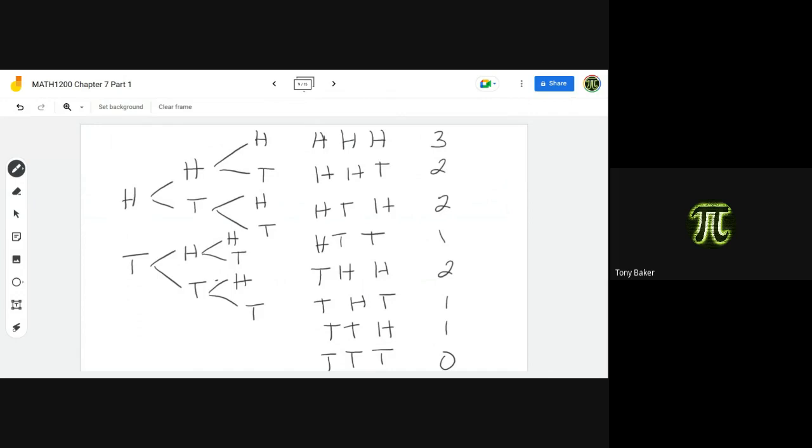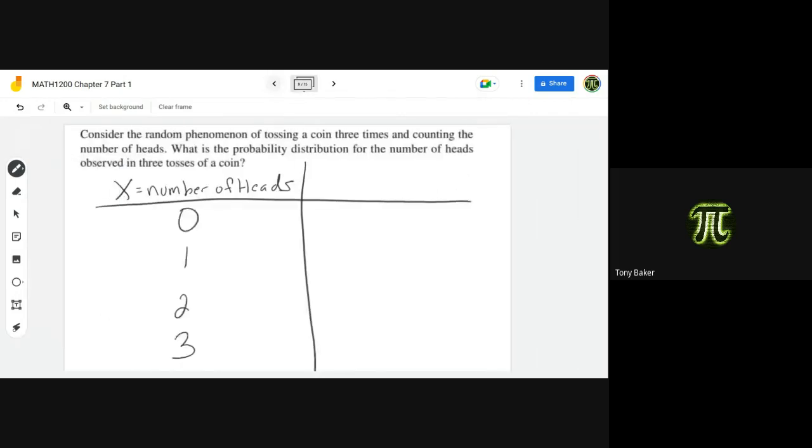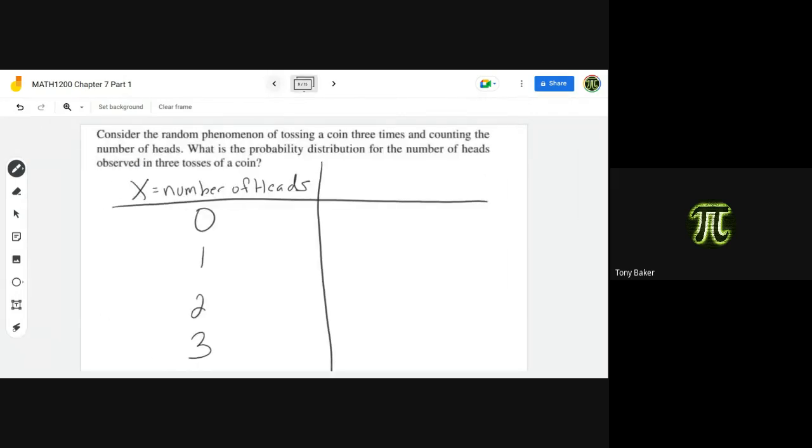Everybody understand where all that came from? All right. So, everybody got this down somewhere? Because we're going to use it in this one. What's the probability of me getting 1 head?